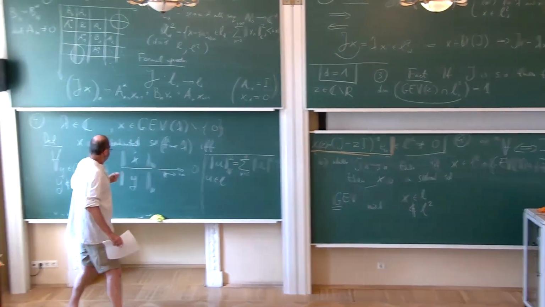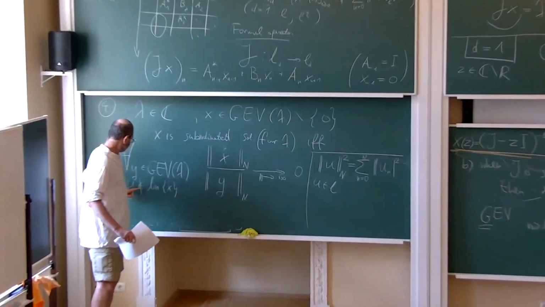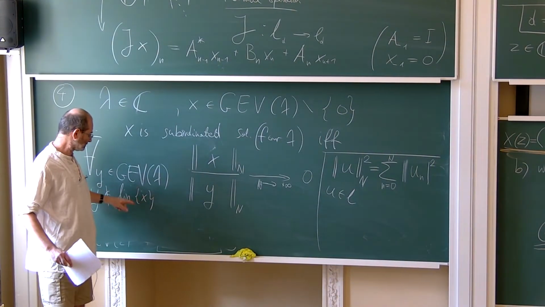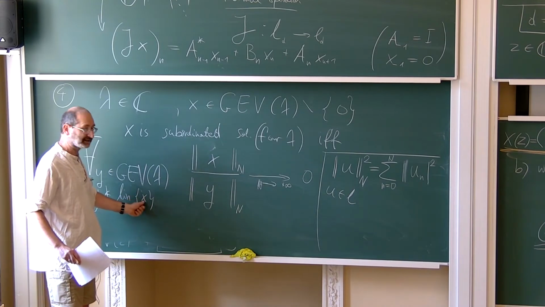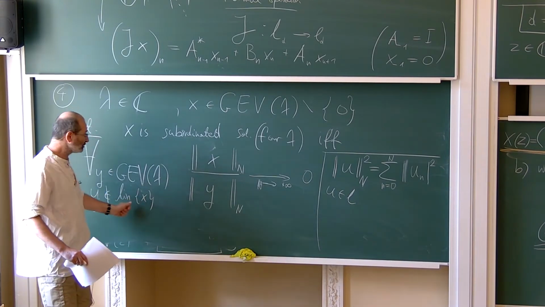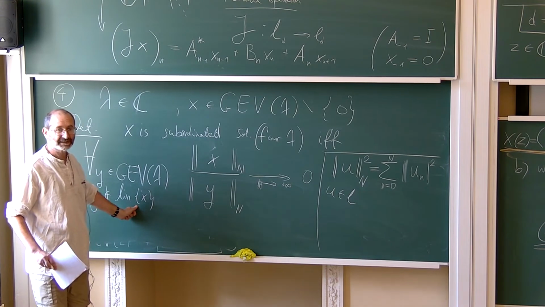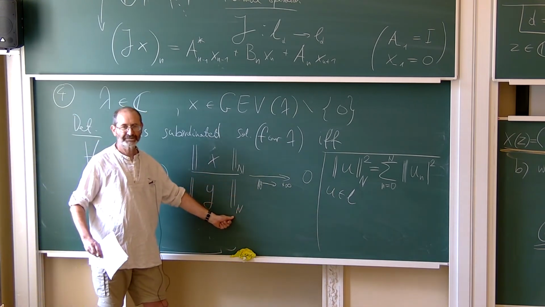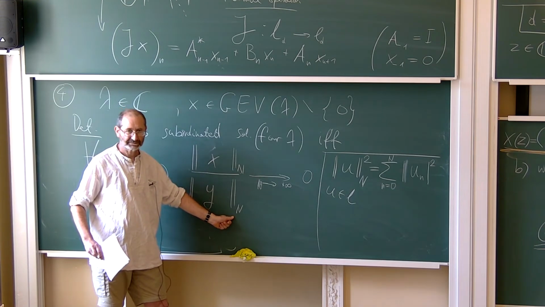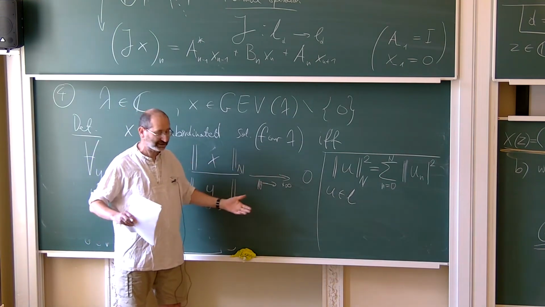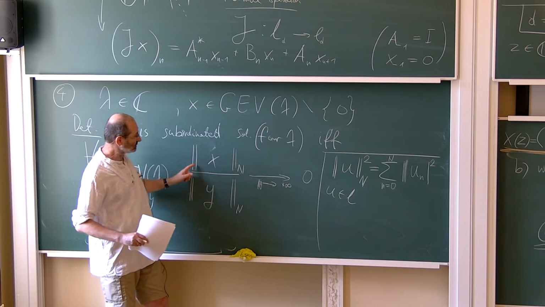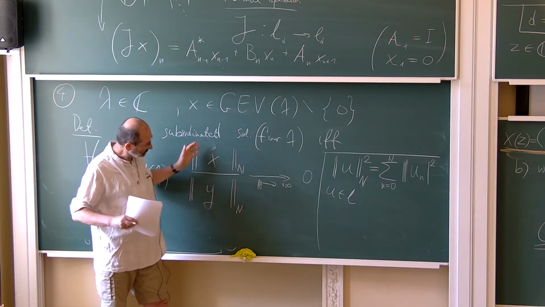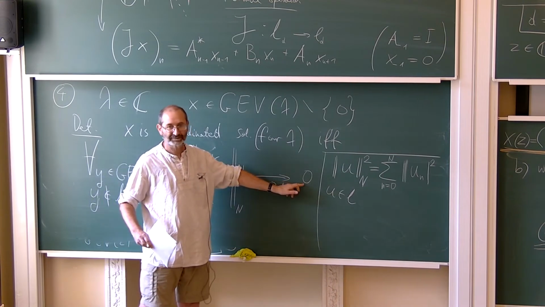Because when we take another one, which is not a constant times this one, it cannot belong to the L2 space. So this tends to plus infinity, just because the L2 norm is infinite, and this is finite. This is bounded by the L2 norm. So this tends to 0.